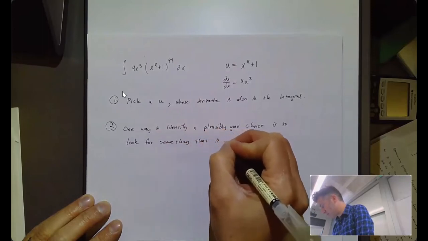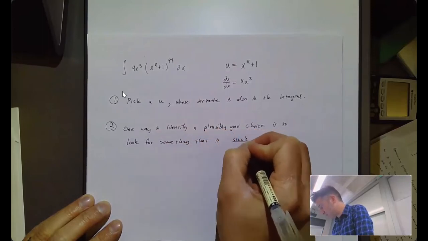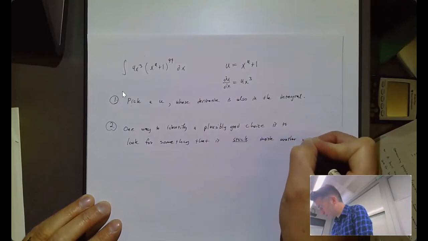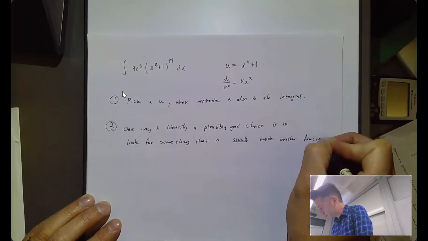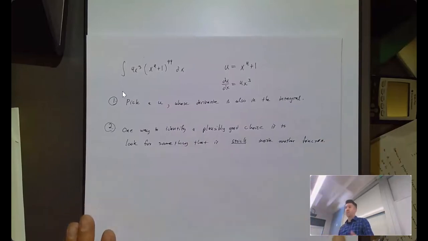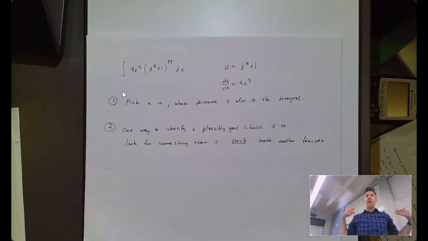Stuck inside another function. In this particular problem, that x to the 4th plus 1 is stuck in the function of being raised to the 99th power. You can't get it out of there. It is really just stuck. There's no way to deal with it.